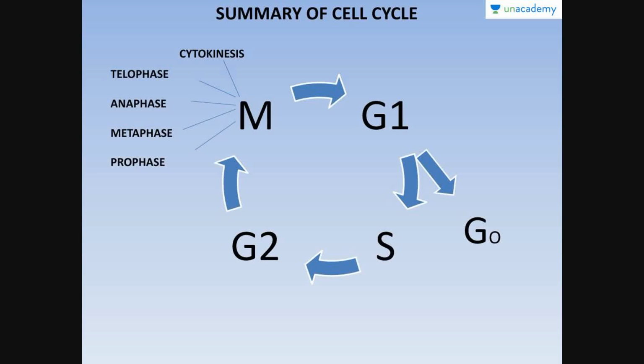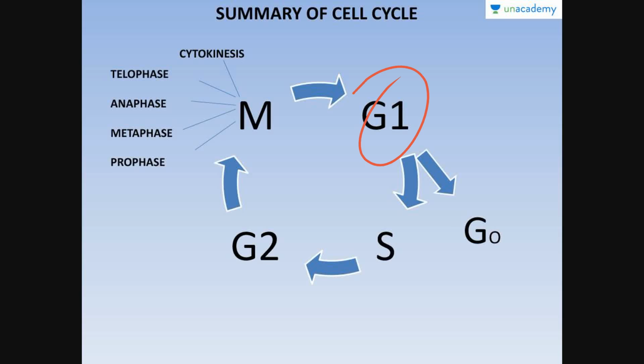Now this is a diagrammatic view of the cell cycle as a whole. The cell cycle starts with the G1 phase, which is the gap 1, first gap between the M and S phase. Now some of the cells, they don't divide. They would enter a phase called as a G0 phase. Here these cells would no longer divide, but they would be growing.